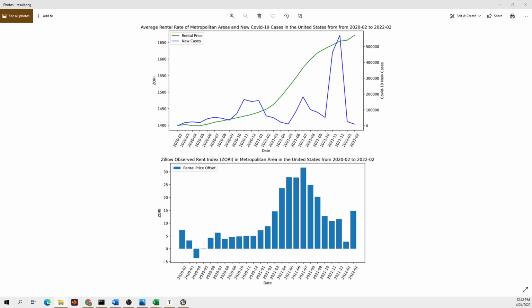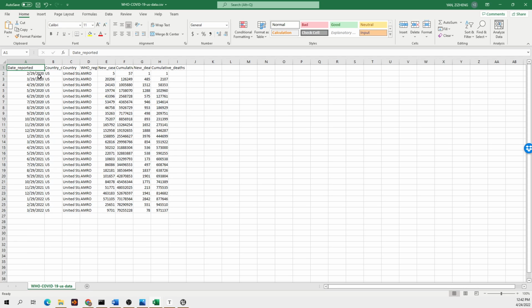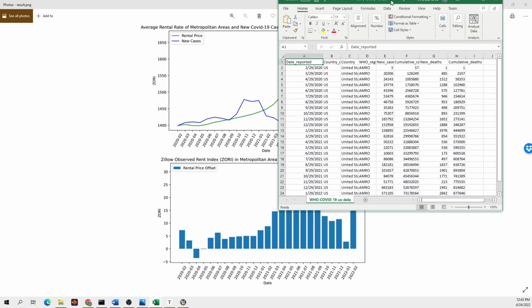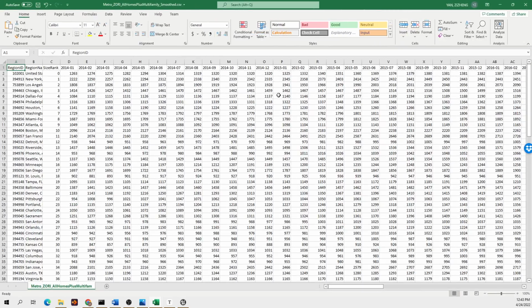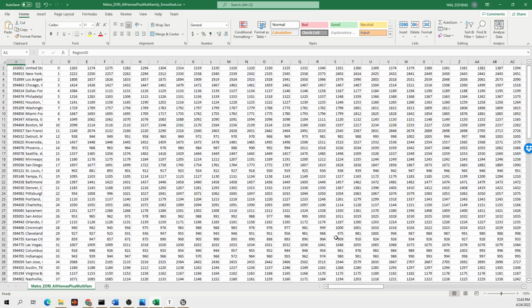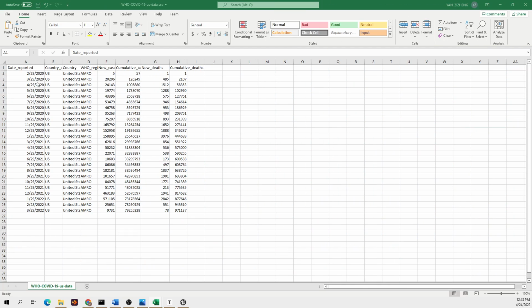After I did the data cleaning, I have the data of the United States. It has the rental rate for each month of the metropolitan areas, so I chose the COVID-19 new cases for each month in the United States correspondingly.